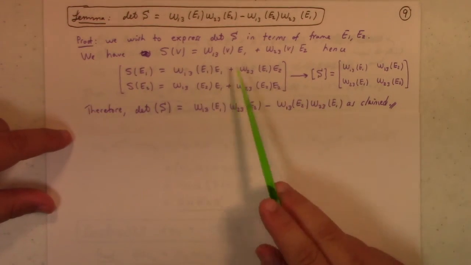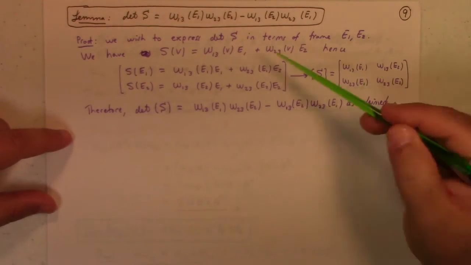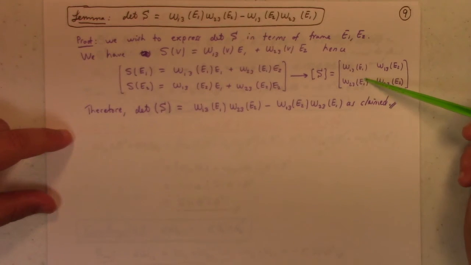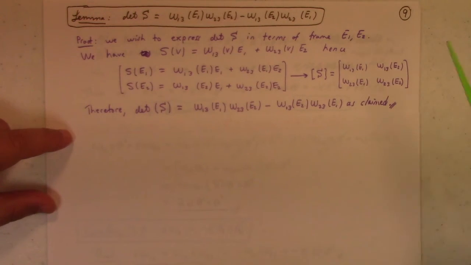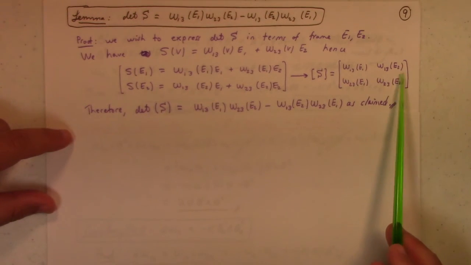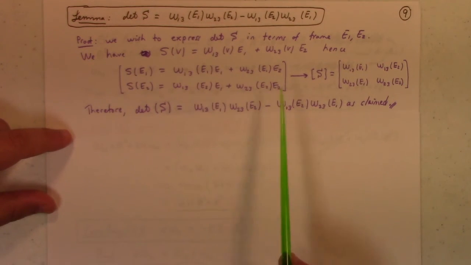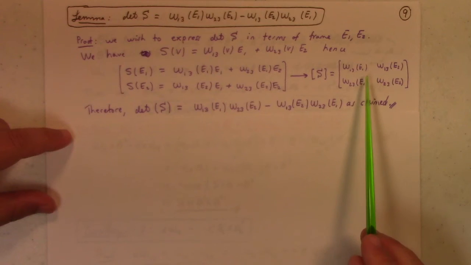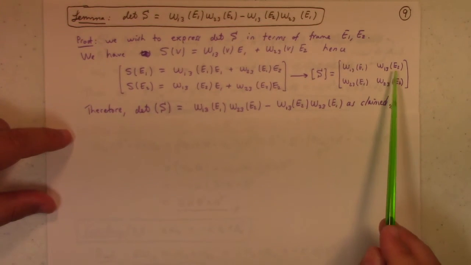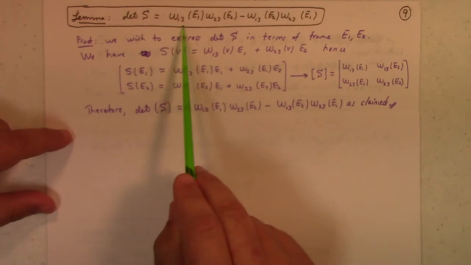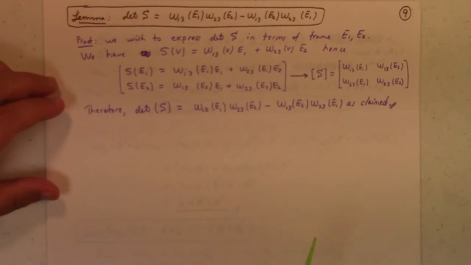So that gives me that the first column is omega 1,3 and omega 2,3 like that, all right? And then likewise over here, I get omega 1,3 and omega 2,3, but this time with E2 from the second row, all right? So what's the determinant of this? It's exactly this times this minus that times that, which is precisely what we wanted, all right?